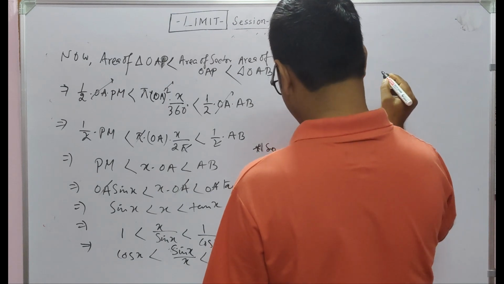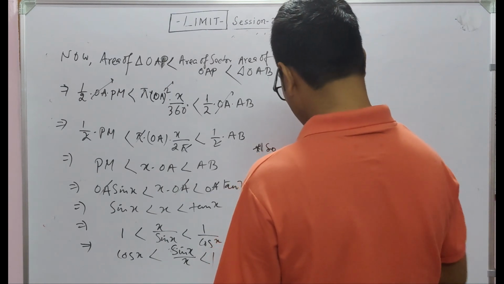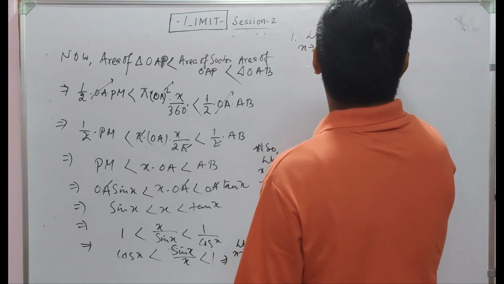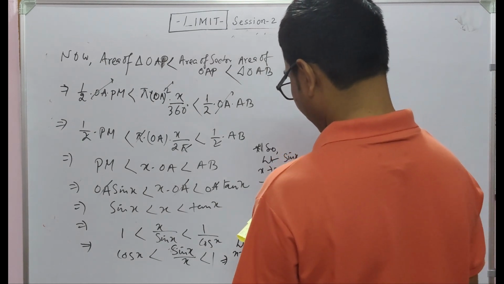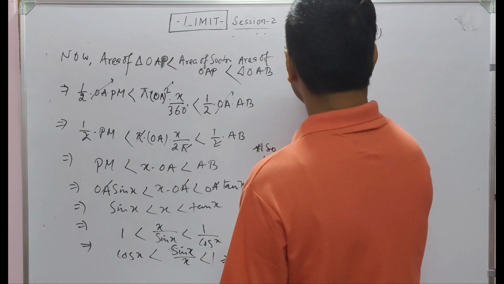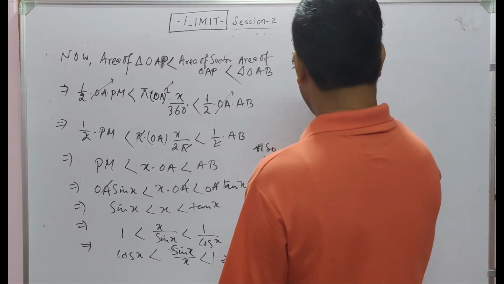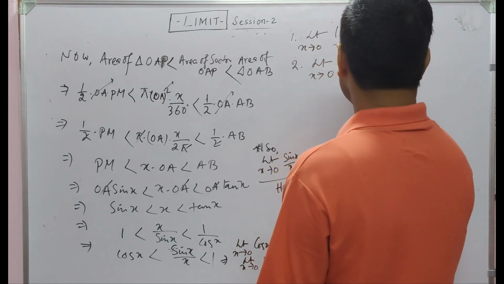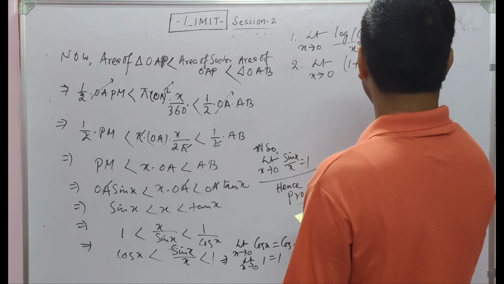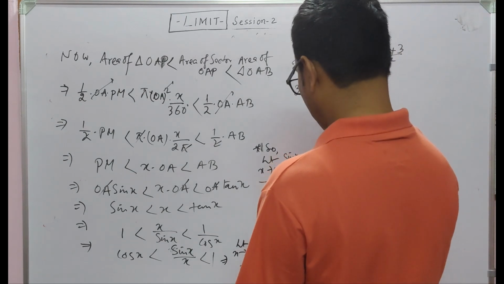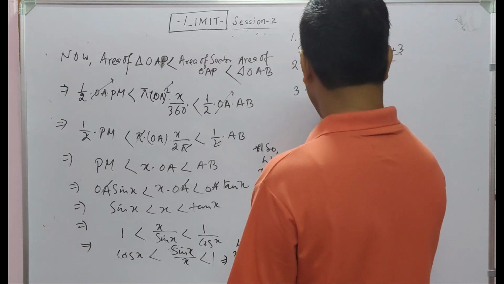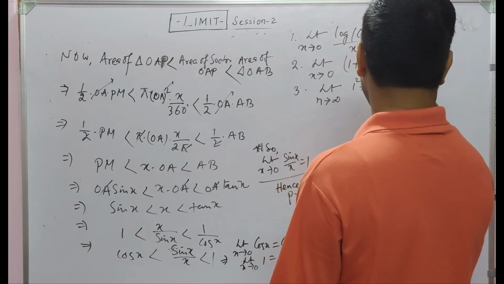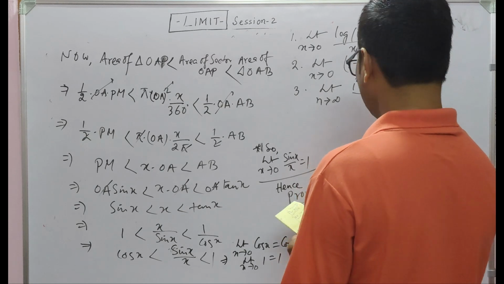Limit x tends to 0 log of cos x by x square. Number 2, limit x tends to 0 of (1 plus 2x) whole power (x plus 3) by x. Number 3, limit n tends to infinity of 1 square plus 2 square plus dot dot dot n square by n cube.